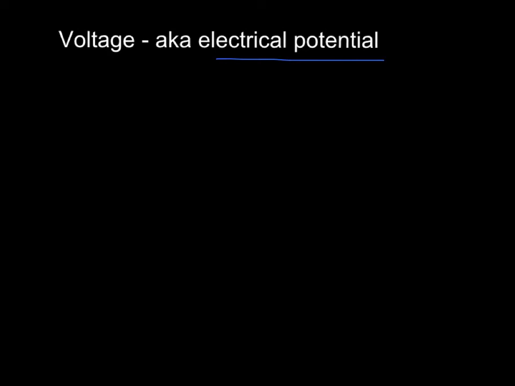So electrical potential is also your voltage. So when we have a 1.5 volt battery, that means that there's the potential, there's a push for the electrons to go from one end to the other of 1.5 volts. So your voltage is basically your joules per coulomb.